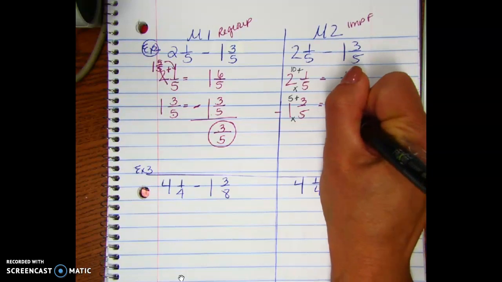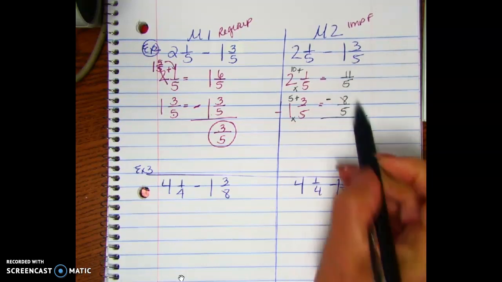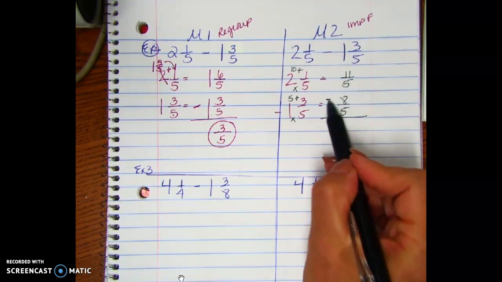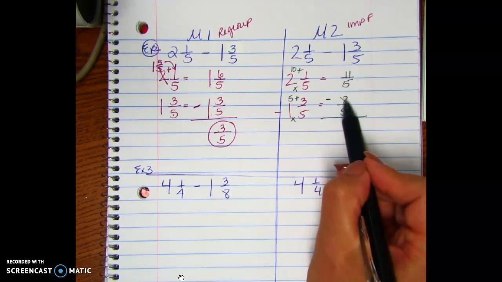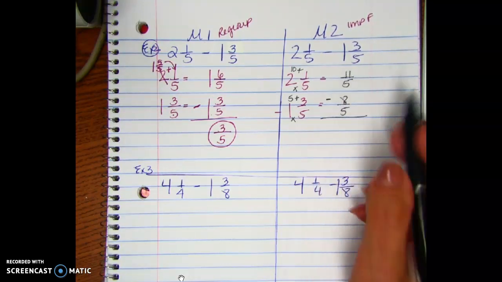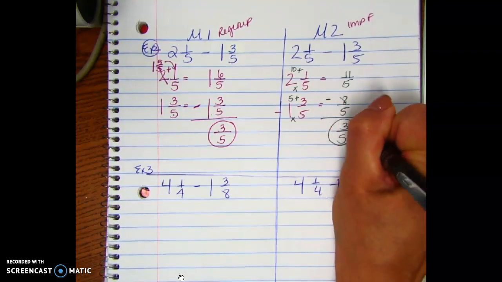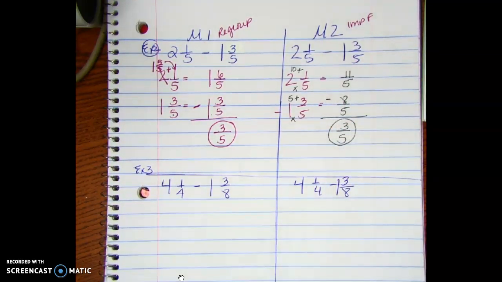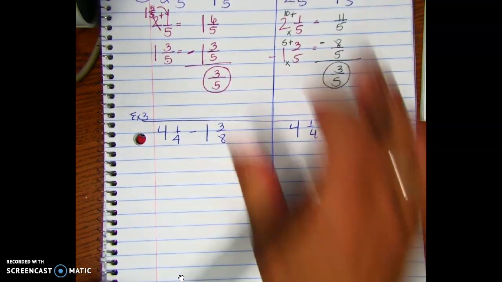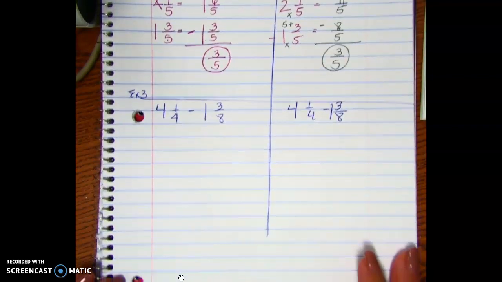Oh, this is when this second method works really nicely. 11 minus 8. I can do that because 8 is less than 11, and I end up with 3/5. And there's my answer.